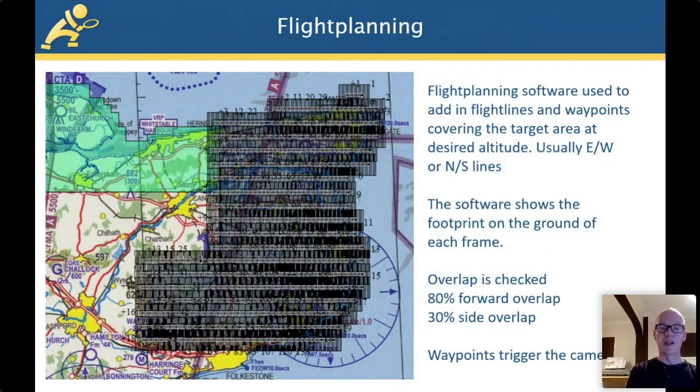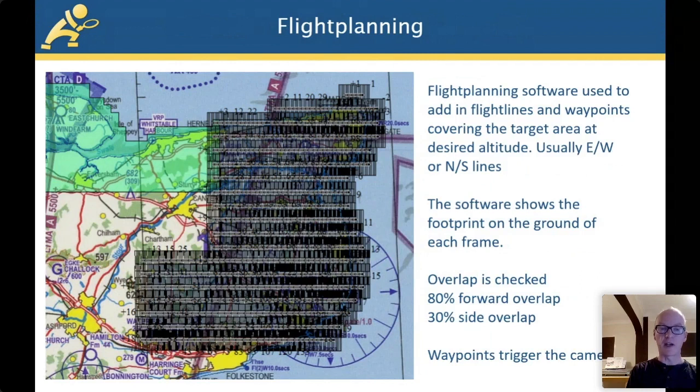Now we need to flight plan. So we've got a survey, we need to cover our area. And we do that with hugely overlapping exposures. We usually fly either east-west or north-south, and this is guided by what air traffic will reasonably accommodate. The software shows the footprint of each frame on the ground, and one of the most crucial things is overlap.